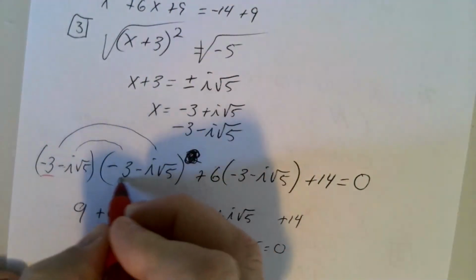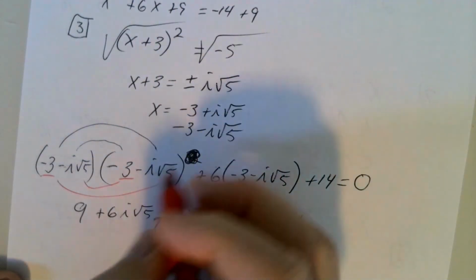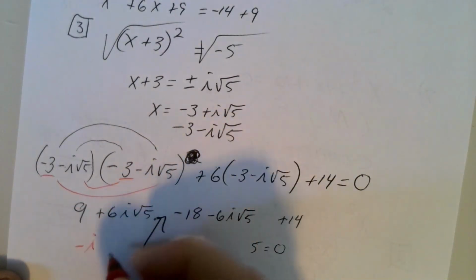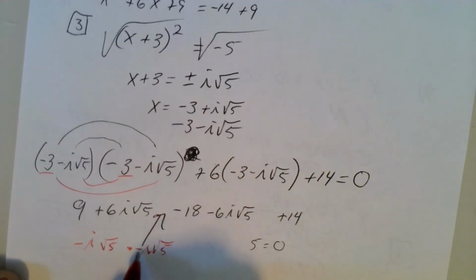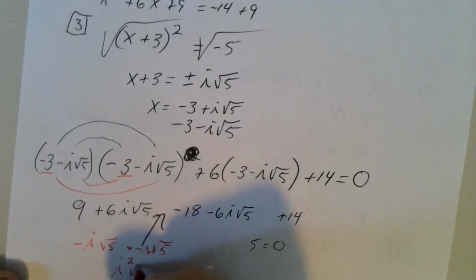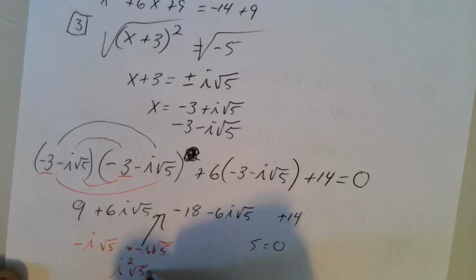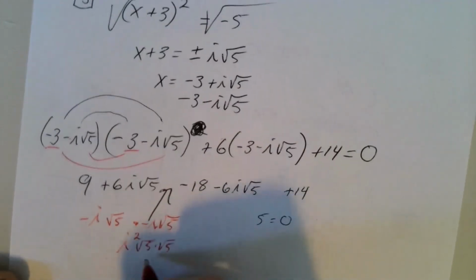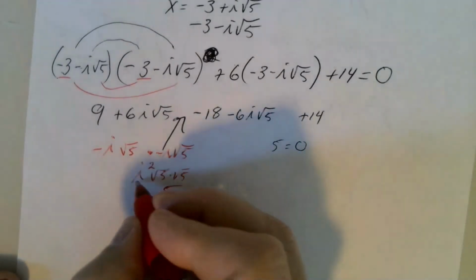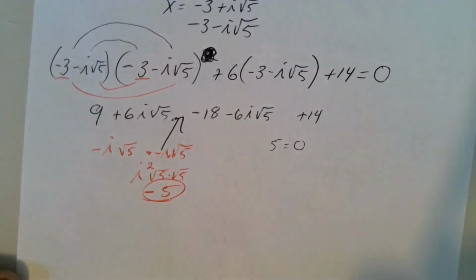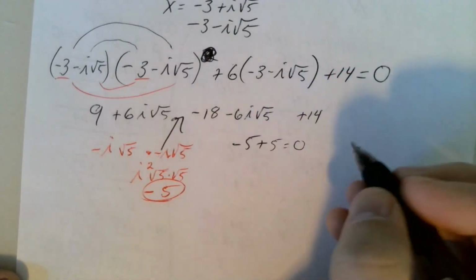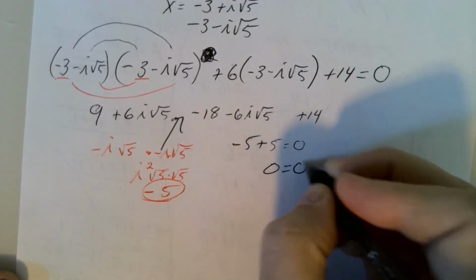I did first times first, and I did outsides, and I did insides, and I never did last. So I need to do that negative i root 5 times negative i root 5, and that's a negative times negative is positive. So I have i squared times the square root of 5 times the square root of 5. And the square root of 5 times square root of 5 is 5. i squared is negative 1. So negative 1 times 5 is negative 5. Now, negative 5 plus the 5 that I had left over does actually give 0 equals 0.